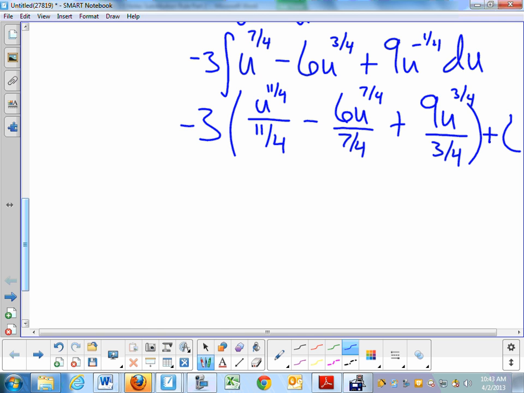And remember, you got to distribute the negative 3 through. So you'll have a 4 on top, right?